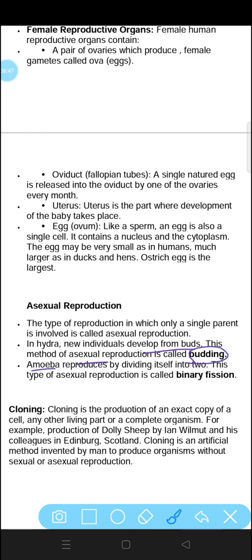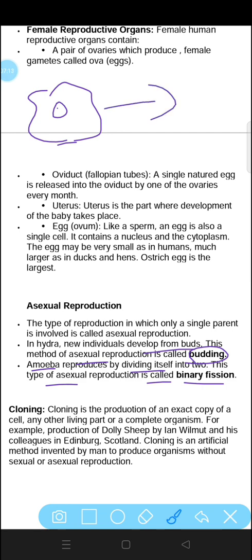Now, amoeba also reproduces by an asexual method. Amoeba reproduces by dividing itself into two. This type of asexual reproduction is called binary fission. Amoeba has an irregular shape, and it contains a nucleus and cytoplasm. Amoeba divides into two parts, and that is why it is called binary fission.